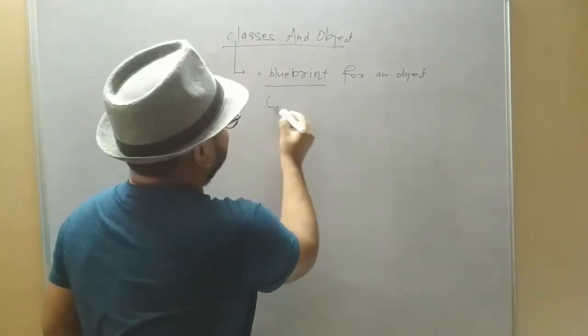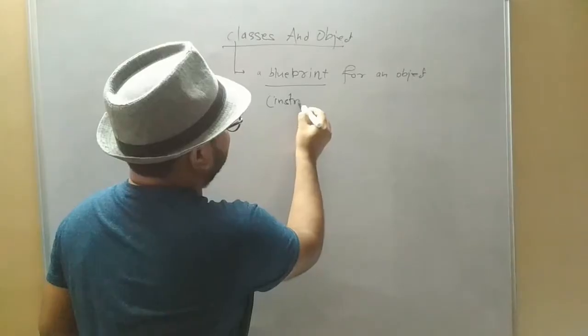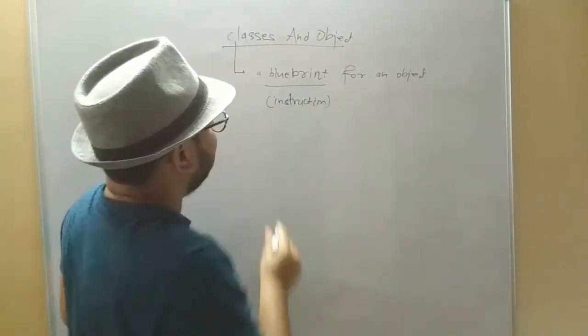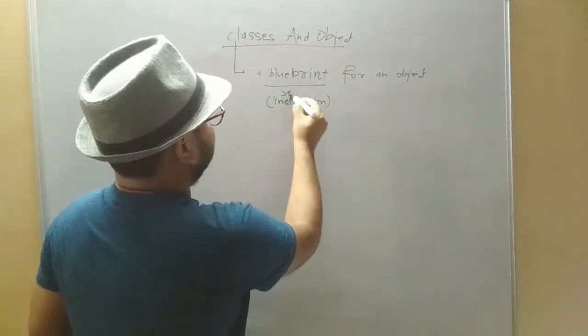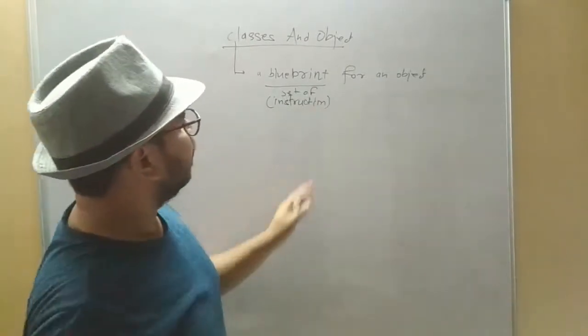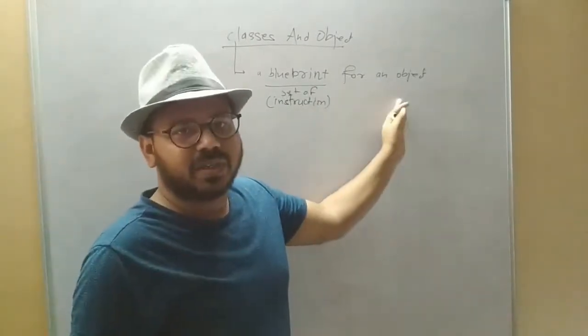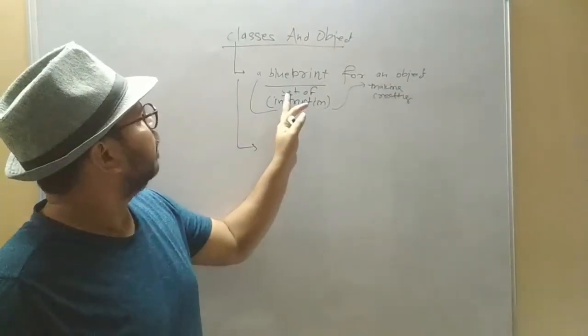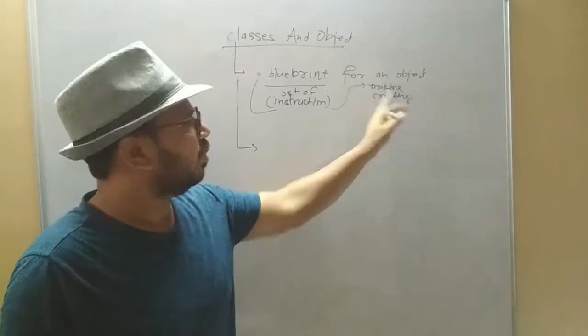Blueprint means instructions in a short word or in an understandable word. You could say that a class is a set of instructions for creating an object. So a class is a set of instructions to make an object.